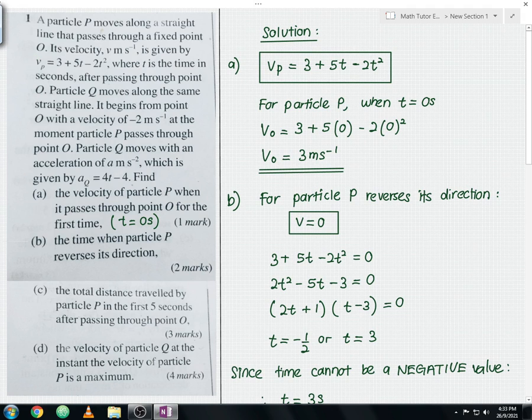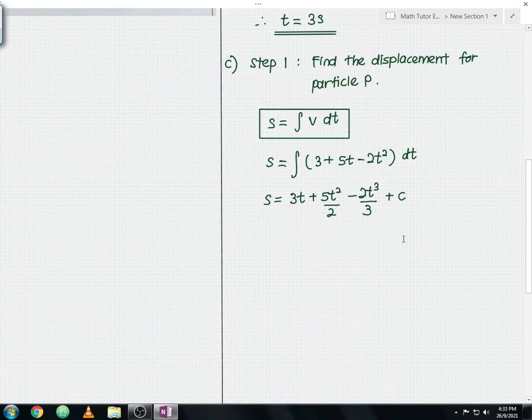This information you need to include in the equation here, guys. So when t is equal to 0, your s is equal to 0 because your particle starts to move at the point O itself. You substitute everything, and you get C is actually equal to 0. So from here, your displacement equation of particle P will be equal to, let me just copy paste this.